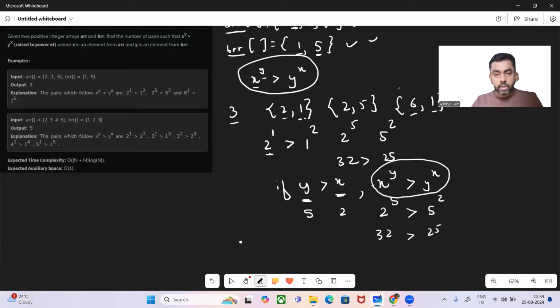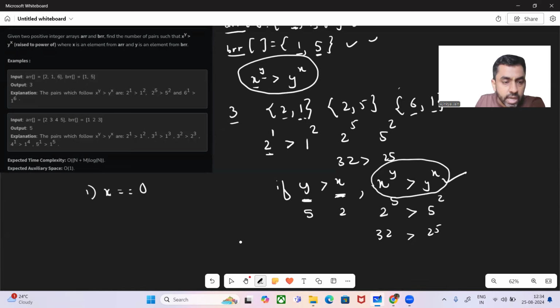Now, there are a few exceptions when this condition is going to fail. So let's quickly see. When X is equal to 0, then this condition will fail.